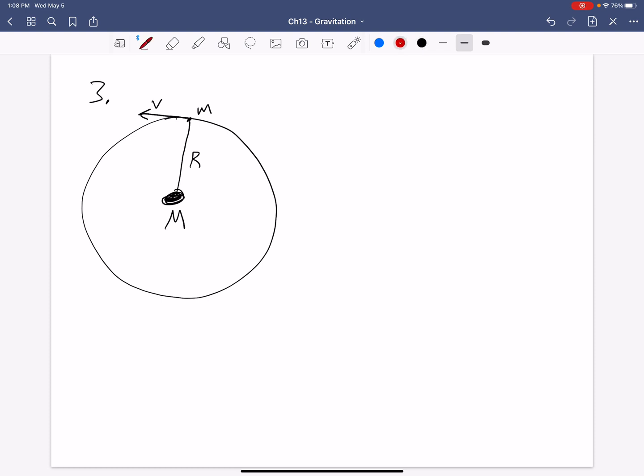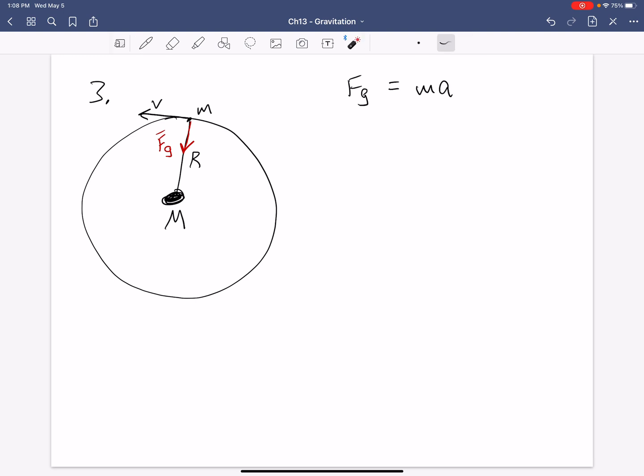So the net force on this planet of mass lowercase m points inward, right? The net force is ma, but the actual force itself is the gravitational force. So we can write the gravitational force equals ma, which is the net force.